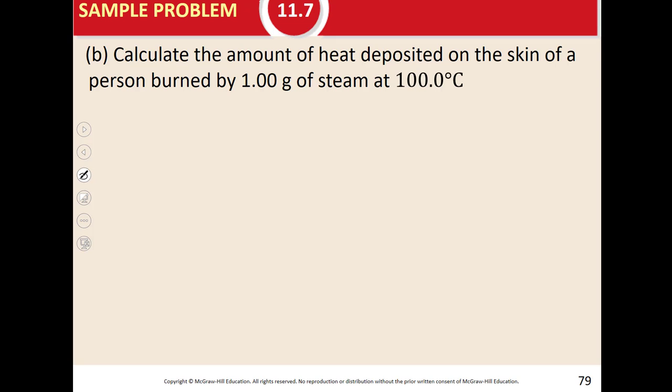I feel like we need more information there. What's the temperature of the person's skin? Where did they get a temperature change from? 37, where does it say that?